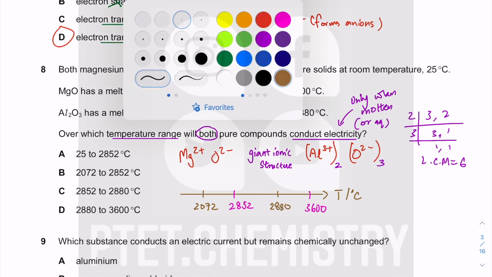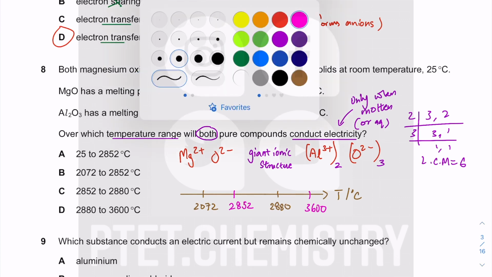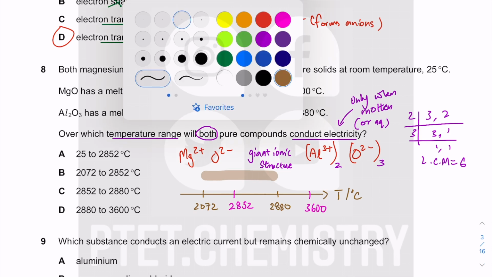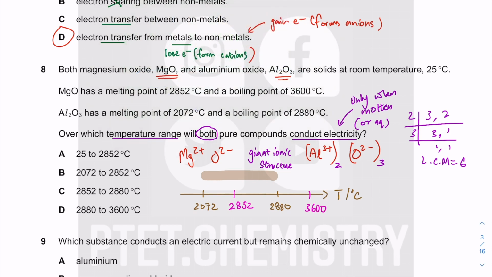If I say the brown color one is when I have liquid MgO, because it's between the melting point, Al2O3 between 2072 and 2880. So I do have liquid Al2O3, and then I could also have the pink color one where I have between here and here, where I will have liquid MgO.